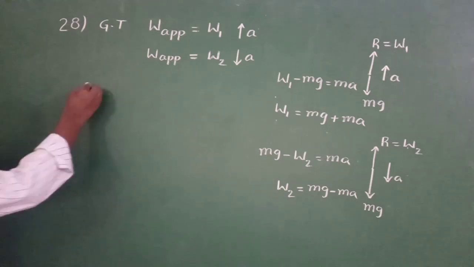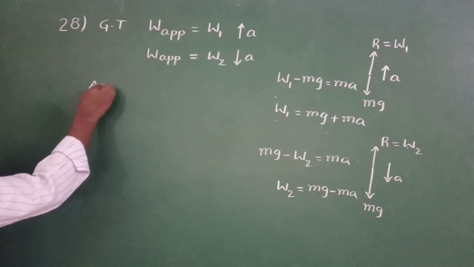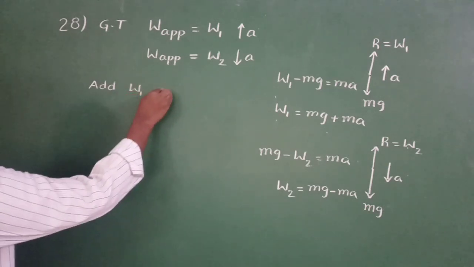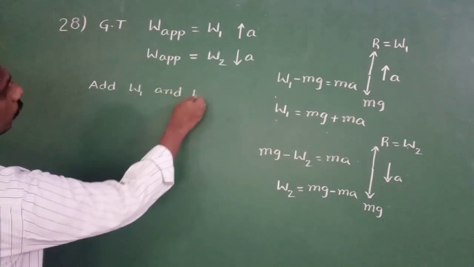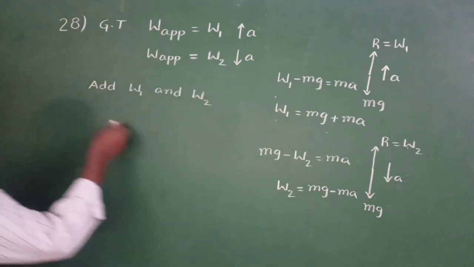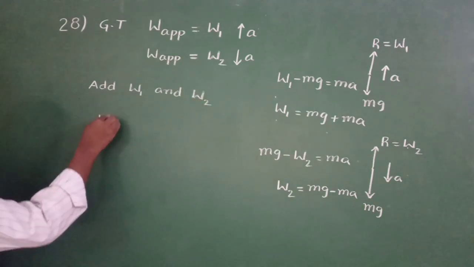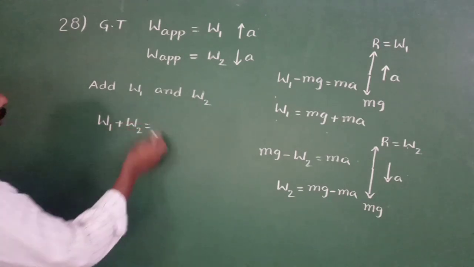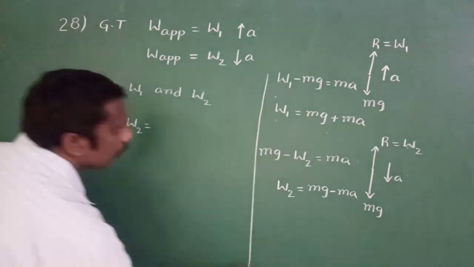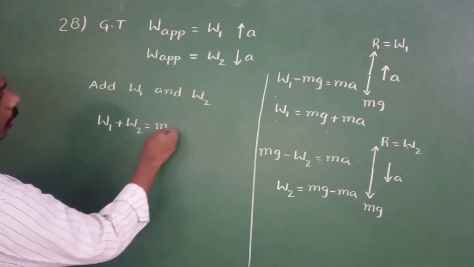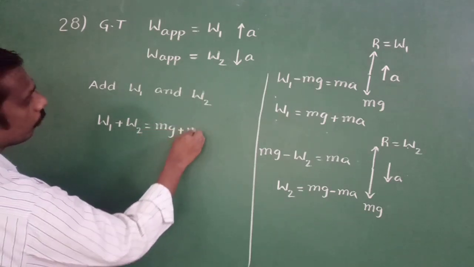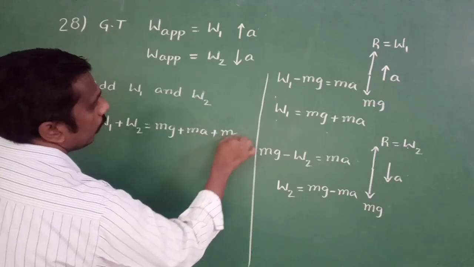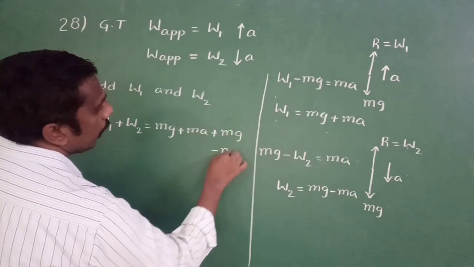Now add W1 and W2. From this we can get W1 plus W2 is equal to, we know W1 is equal to mg plus ma, mg plus ma plus W2, which is mg minus ma.